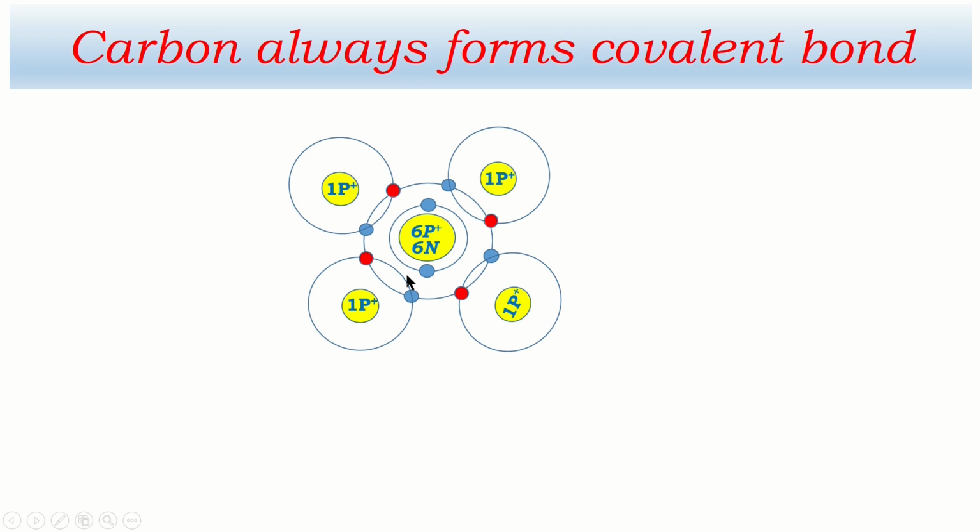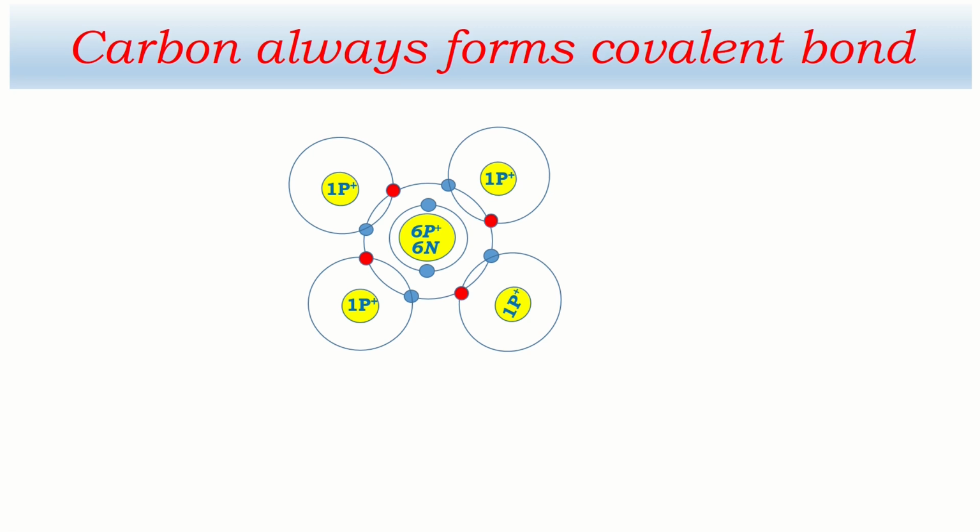Carbon formed an octet. And in the same way, each hydrogen atom has 2 electrons. One is its own and another is from the carbon atom. The 2 electrons present in the orbit of hydrogen form a duplet. Hydrogen formed a duplet and carbon formed an octet. That's why this becomes a stable compound.